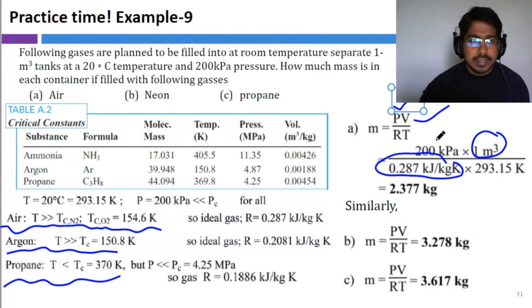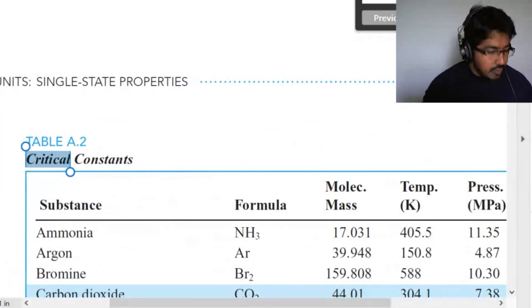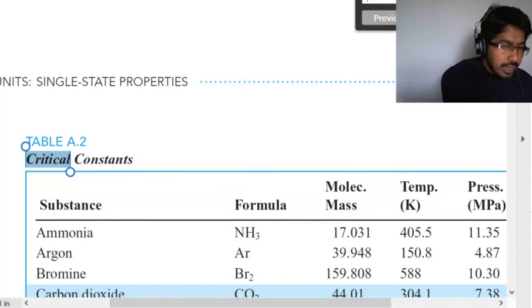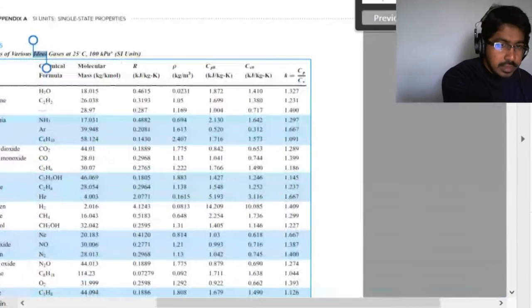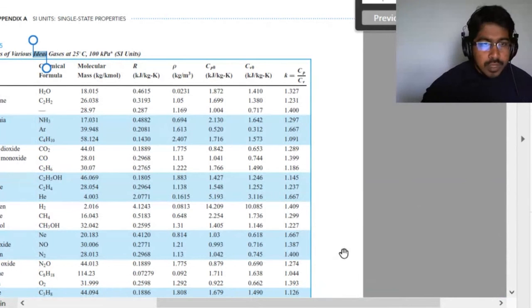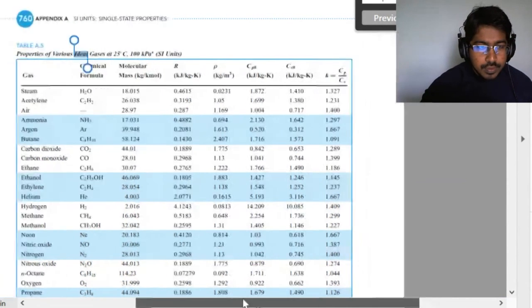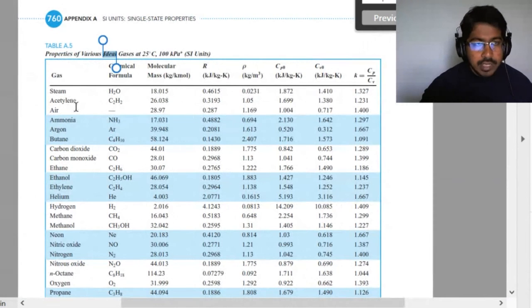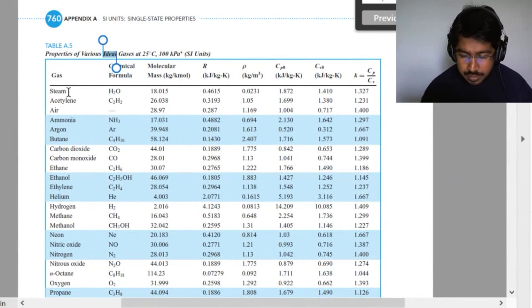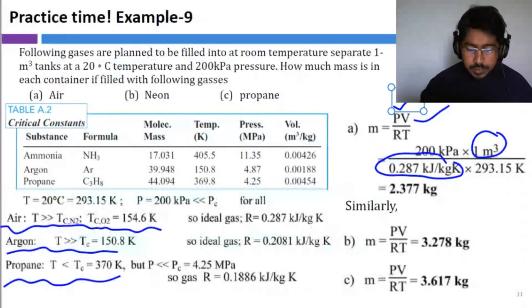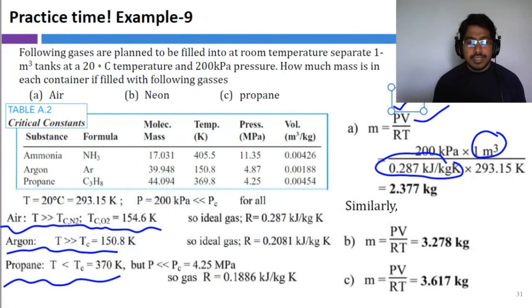To find these gas constants, I go to my property tables and search for ideal gases, and there we have the gas constants for different substances, table A5. You don't have to memorize the table numbers, you can just find them. As this is an online environment, it's even easier. You can just press Control F and go from there.